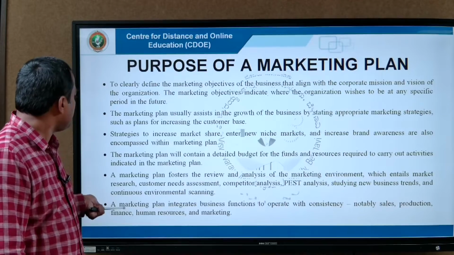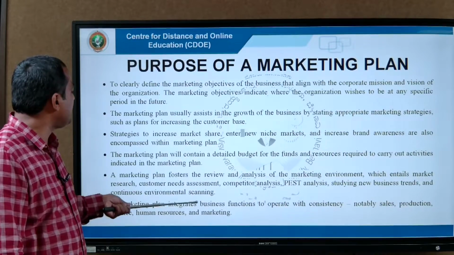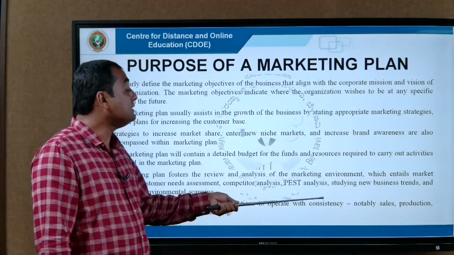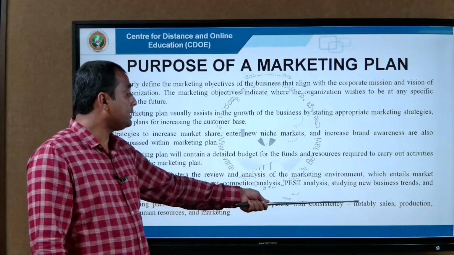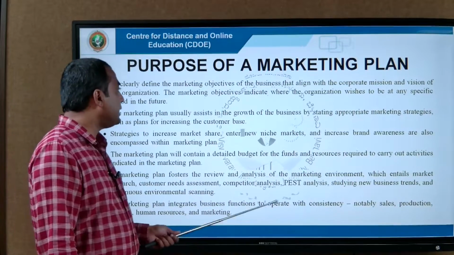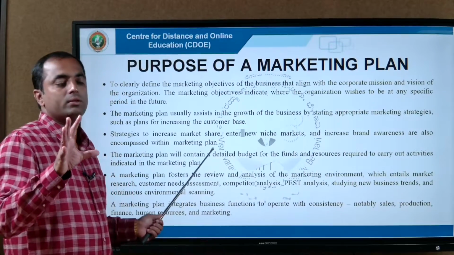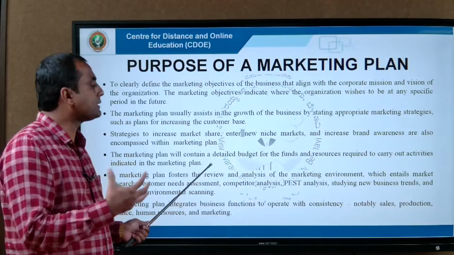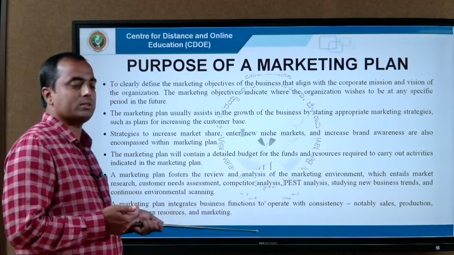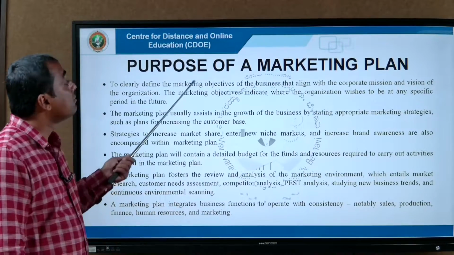A marketing plan is also needed to integrate business functions to operate with consistency, notably sales, production, finance, HR and marketing. In order to have integration among various activities, sales, production, finance, human resource and marketing, you need a marketing plan.